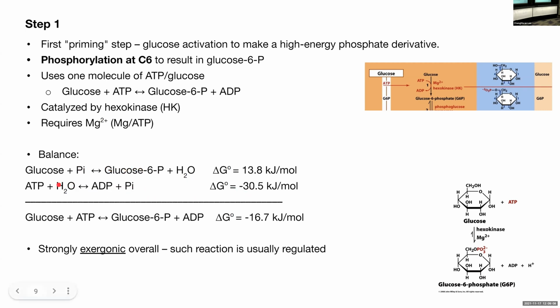The delta G naught value for ATP hydrolysis is, of course, negative because this is a high energy compound. So this is the net reaction and the net delta G value. Again, this is still a negative value, so it is strongly exergonic overall, meaning that it's going to keep going.